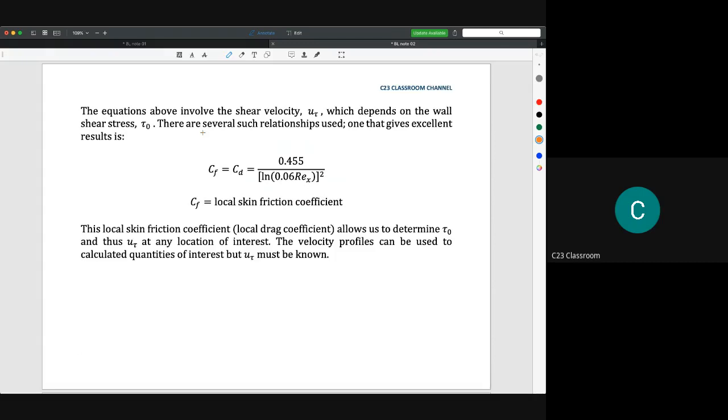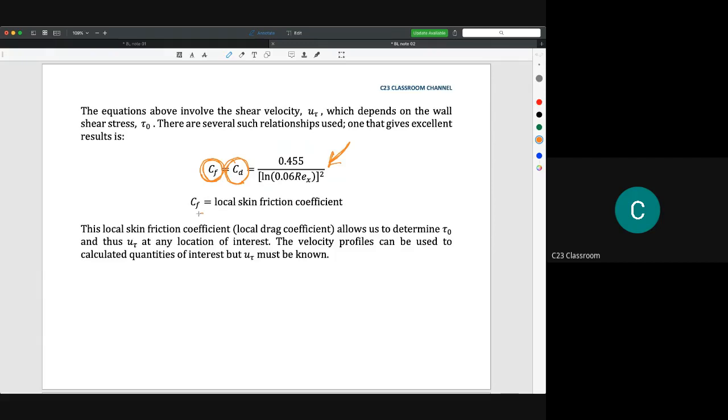Okay. So it is assumed that the local friction coefficient CF is equal to CD here. From the graph, we could find that it is a curve fit of the scattered data from the experiment, and so we could conclude that the local skin friction coefficient can be assumed to be equal to 0.455 over ln squared of 0.06 Reynolds number x.